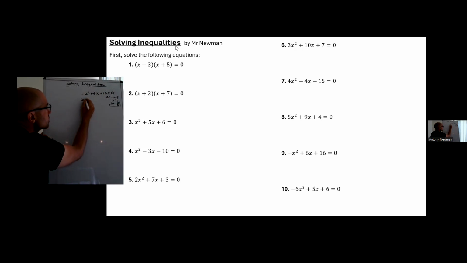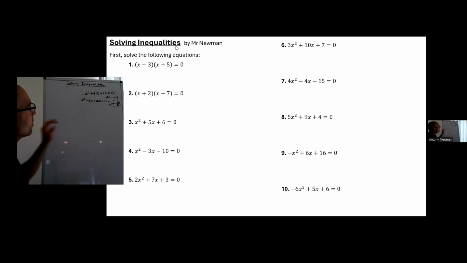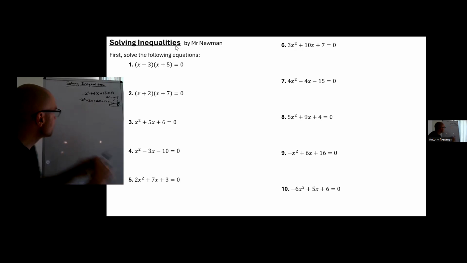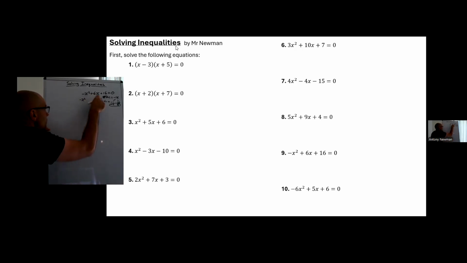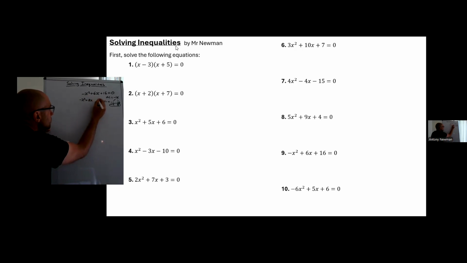Okay, so negative x squared minus 2x plus 8x plus 16. Yeah. We could have had them both around both ways. So you put the 8 first, did you? Yeah, that's fine. We could have done that. So I'll just change that. And factor that goes into both of these.